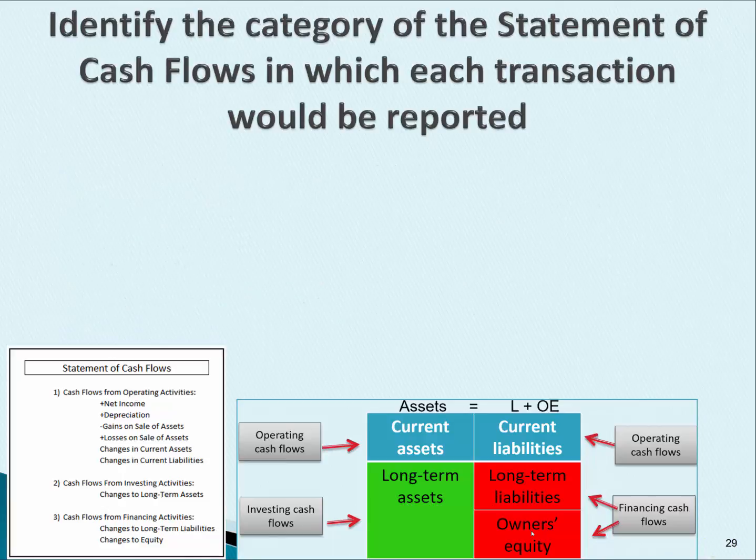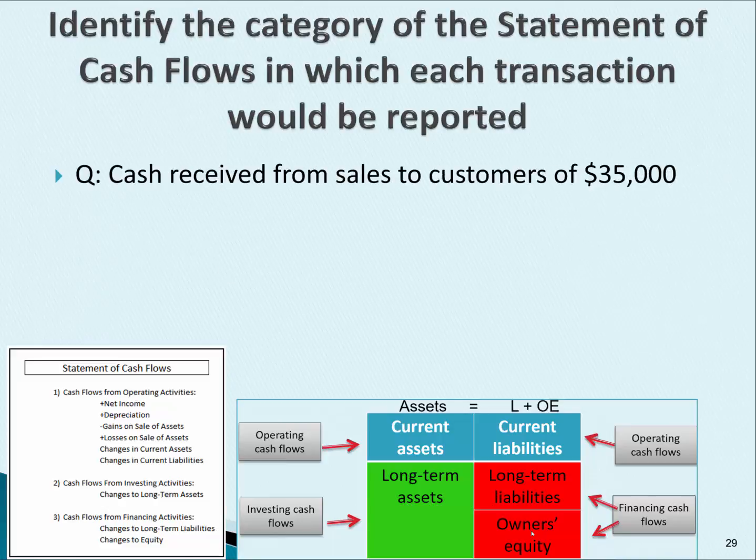Let's say you received cash from sales to customers and you got $35,000. Which section does this go into? Well, when you make sales, sales is revenue. And remember, revenue is embedded in net income. So revenues are embedded in net income, which is in the operating activities section.